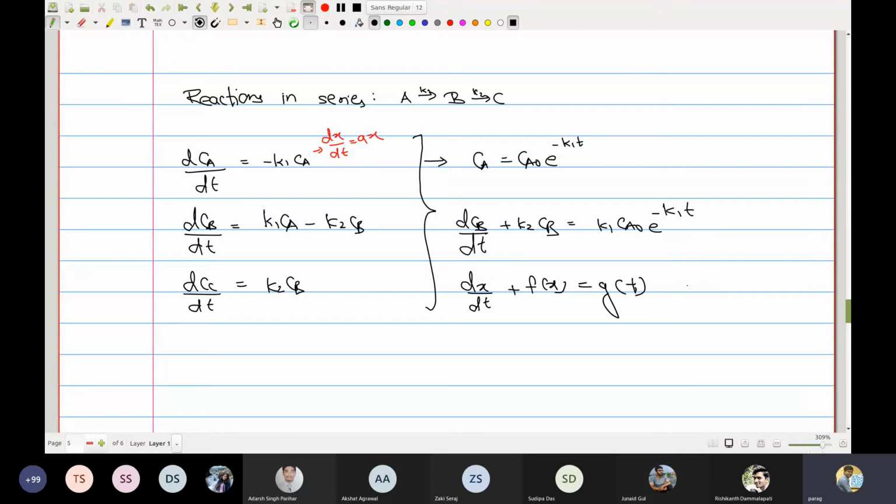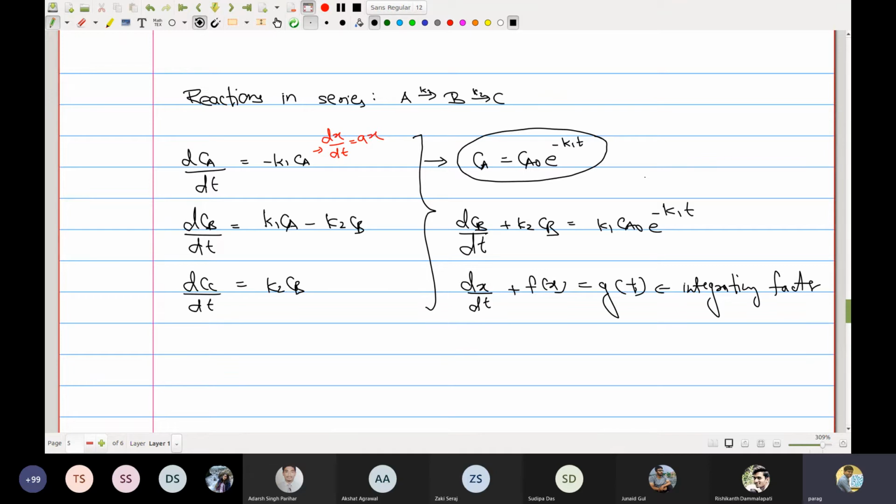This is how I like to see it, and this can be solved very easily using the integrating factor method, right? And similarly you will solve the third equation by substituting the expression for CB which you get from the second equation, and you analyze the dynamics of this one. Do it for CB and do it for CC.